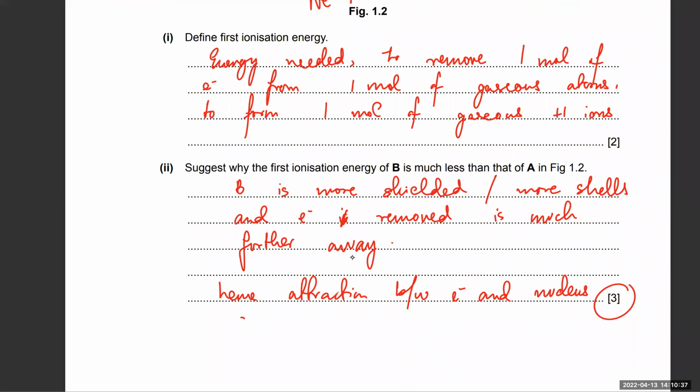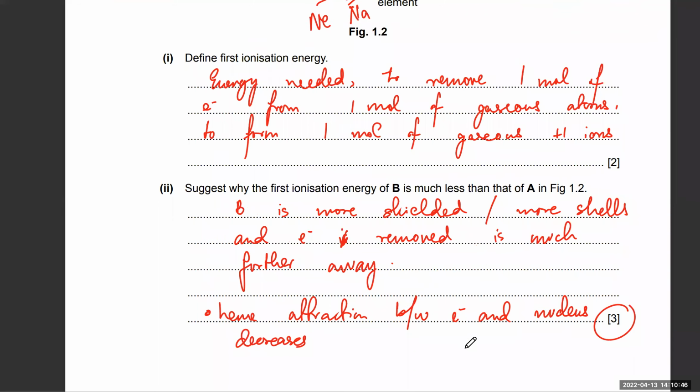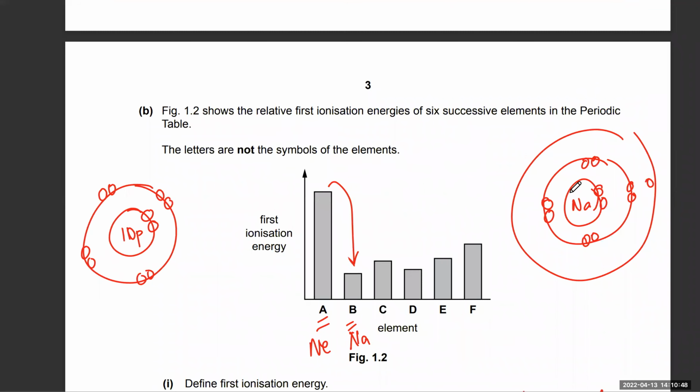This always carries 1 mark. This thing right at the end carries 1 mark. So: much further away, more shielded, easier to remove electrons. So add that the electron and the nucleus are less attracted in this case.